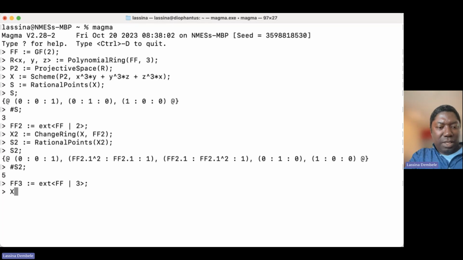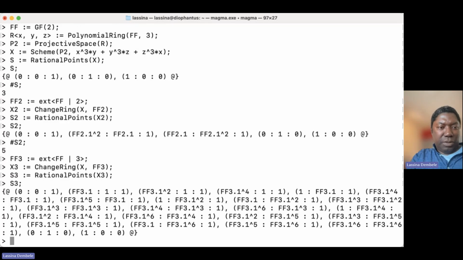And then now we can take the base change of our curve, and then we can ask for the set of rational points. Okay, now the set is a bit bigger.